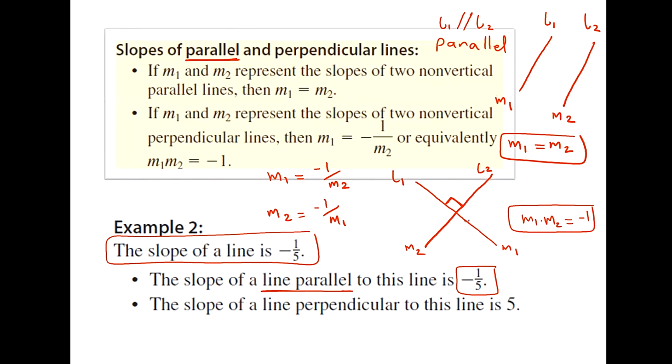But for the slope of the line perpendicular to this line, for example this is M1 and we need to find the perpendicular M2, we have M2 equal -1 over M1, so we have -1 over -1 over 5. Negative over negative is positive, and the denominator of the denominator becomes the numerator.